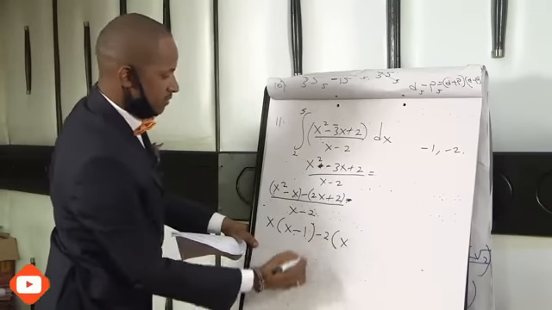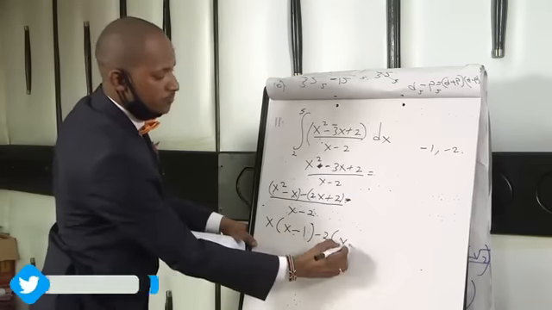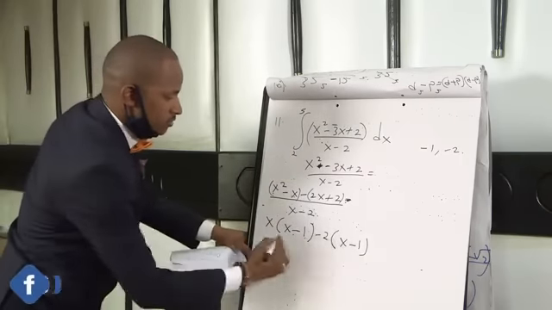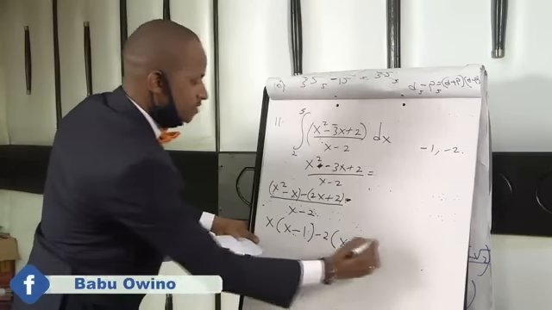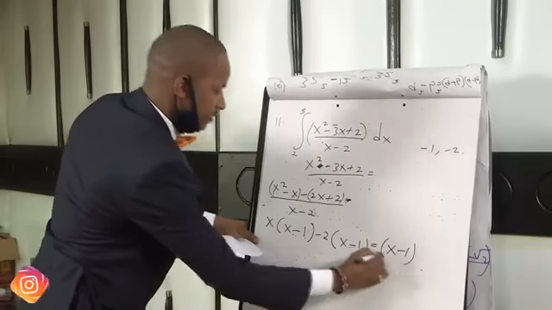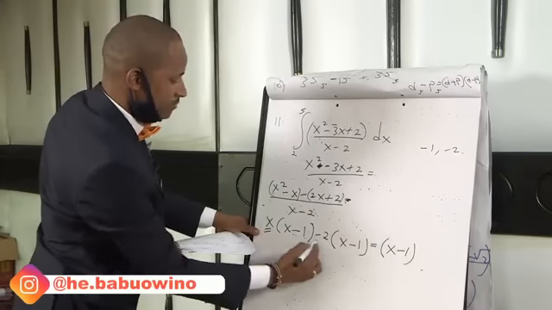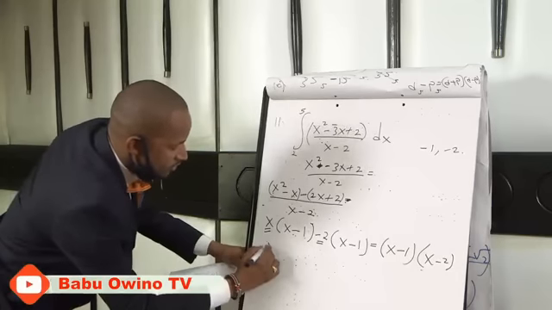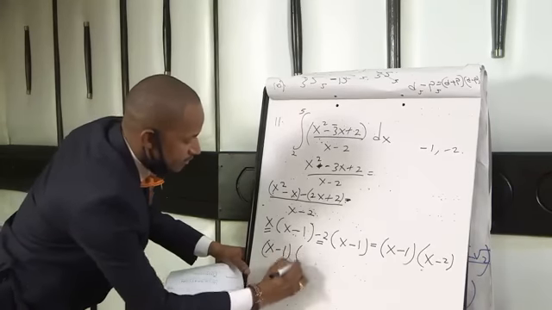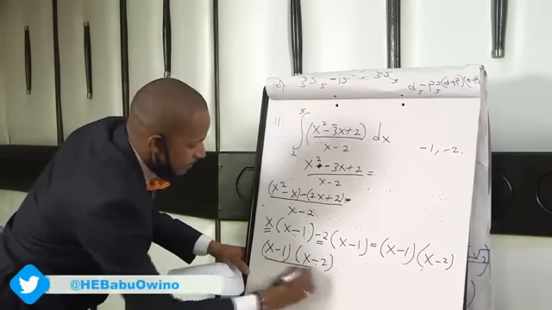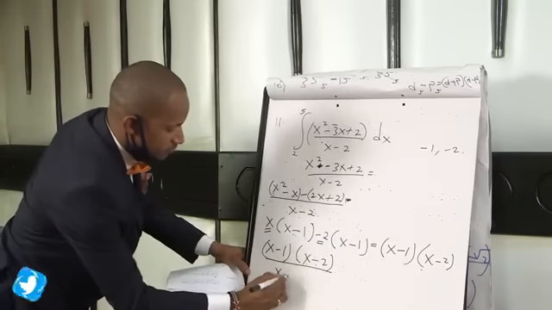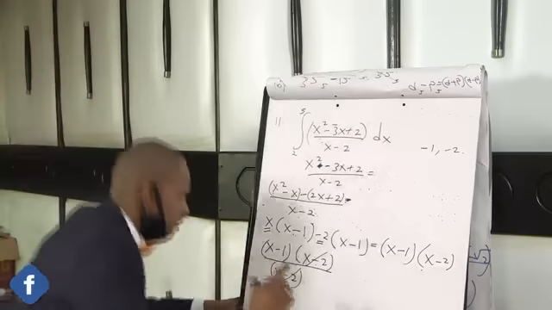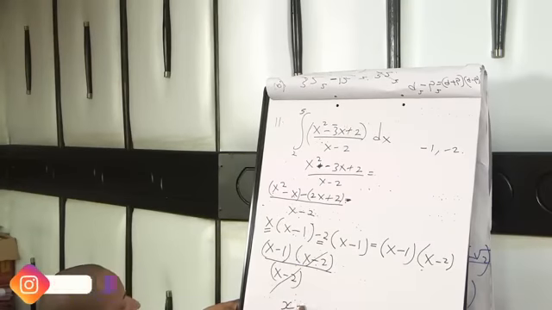X times. Then minus 2 goes into plus 2 minus 1s, minus 1. What is common to these two is x minus 1, into, you collect this x and minus 2 together also, x minus 2. So we have our equation simplified as x minus 1 into x minus 2 divided by x minus 2. So this x minus 2 and this x minus 2 go. So the equation that we have simplified is x minus 1.